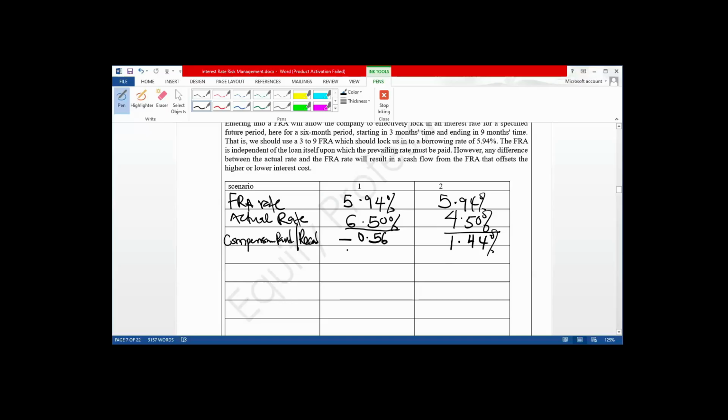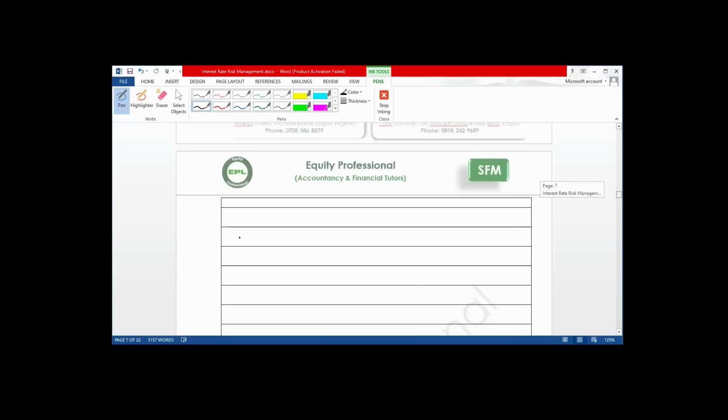Now convert this to figures. Actual borrowing cost, scenario 1, 6.5% of 50 million naira for 6 months.